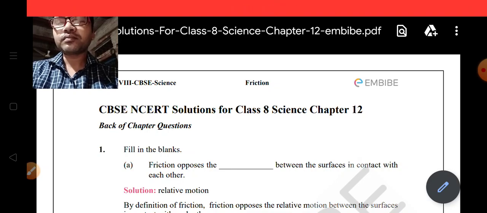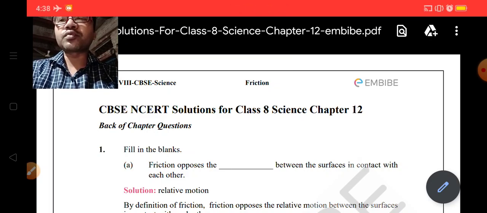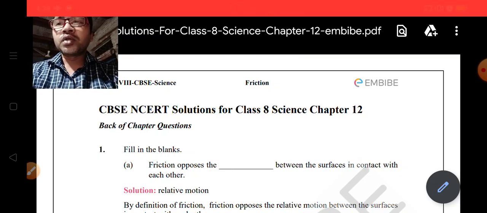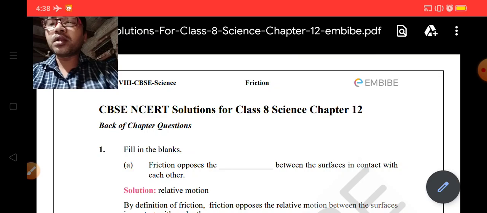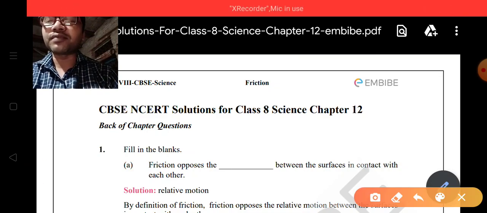Okay, so let's start with question number 1, class 8 science, chapter 12, that is friction. You can see question number 1 is shown on the screen, that is fill in the blanks.